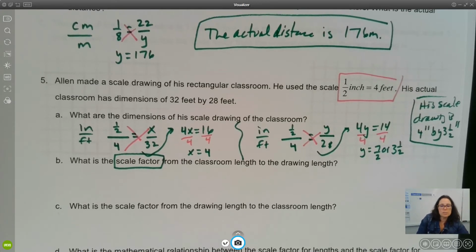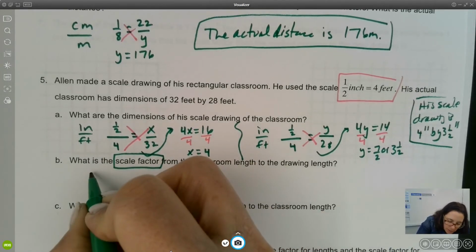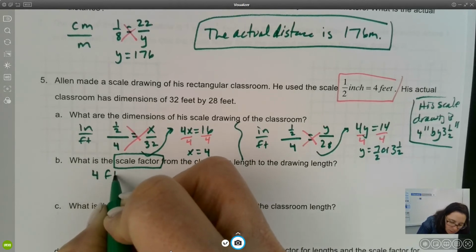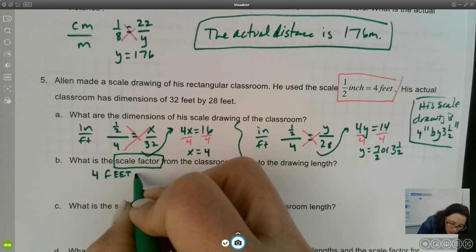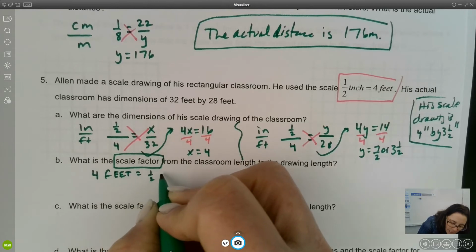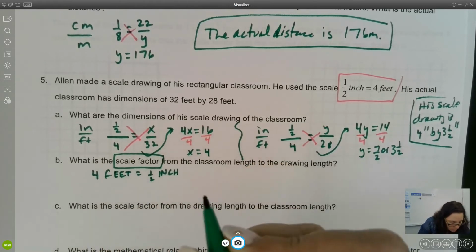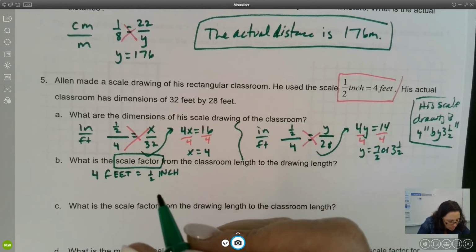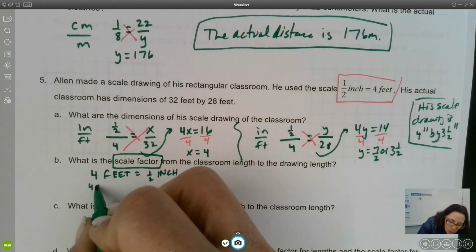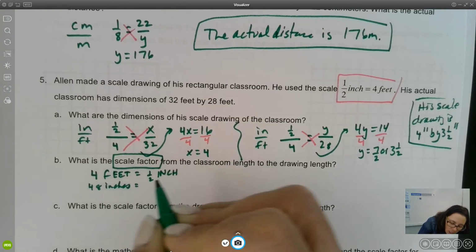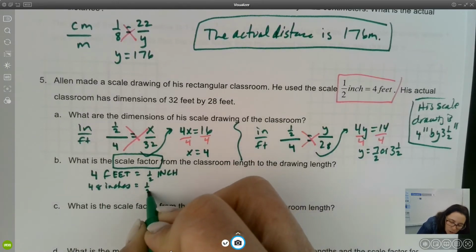Do you understand this is going to be smaller than 1 because we're shrinking the real classroom to the drawing? Okay, so let's think about this. If 4 feet equals 1/2 inch, doesn't it make sense that 48 inches equals 1/2 inch?